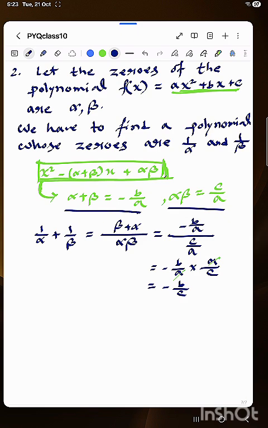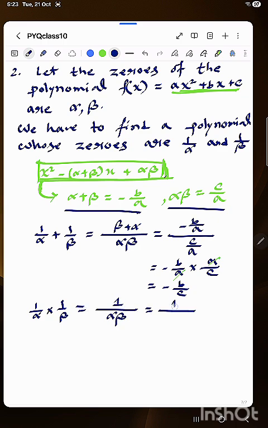Now, the quadratic equation is in this form, right? Alpha beta we also needed. Alpha beta means the product of the roots. So the product of the roots is needed. Here the roots are 1 by alpha and 1 by beta, so their product is 1 by alpha beta.